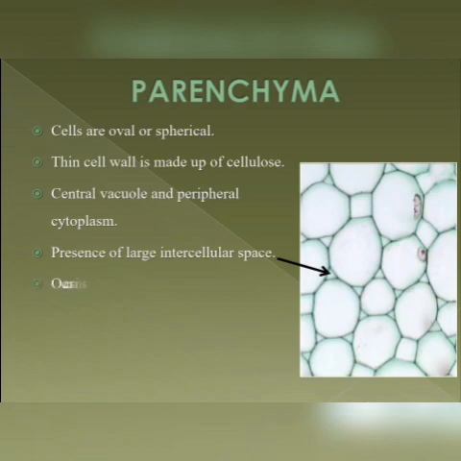These types of cells are seen to be present in stem, root, leaves, flowers, fruits, etc.